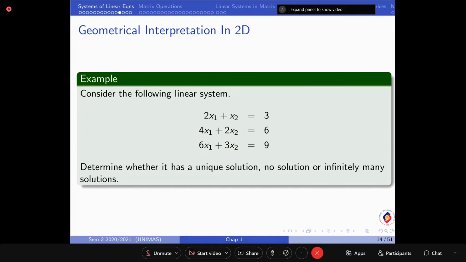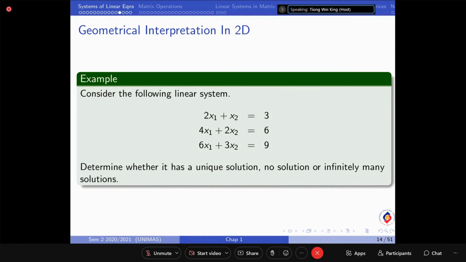And then the third example, so we have 2x1 plus x2 equals 3. Second one is 4x1 plus 2x2 equals 6. Third equation is 6x1 plus 3x2 equals 9.